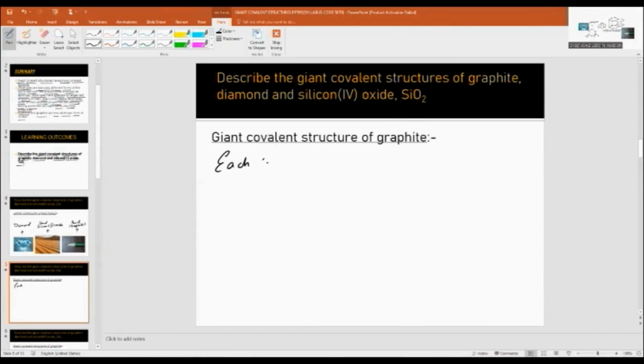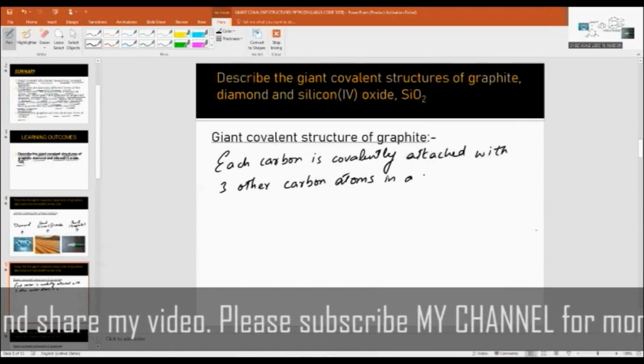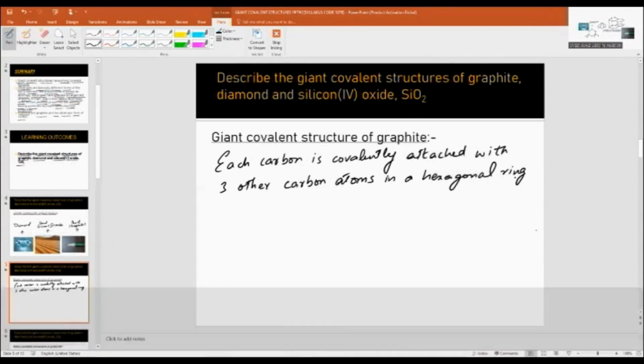Each carbon is covalently attached to 3 other carbon atoms in a hexagonal ring, in a giant crystal lattice.